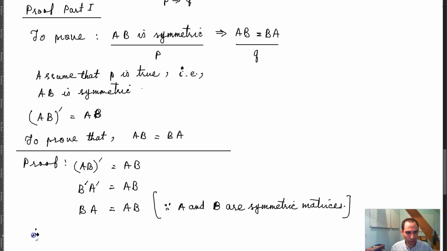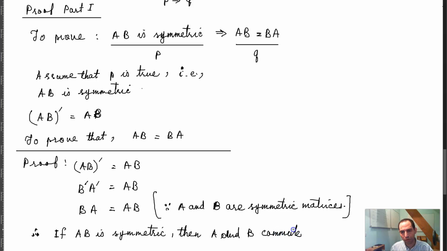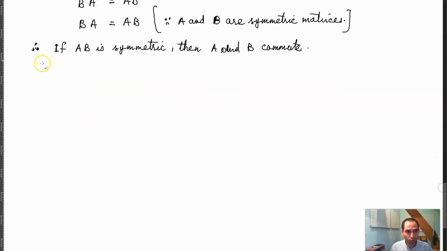What this means is that if AB is symmetric, which is this condition here, then A and B commute. Right, so that is one thing. Now, this is only one part of the proof. Proof part 2.